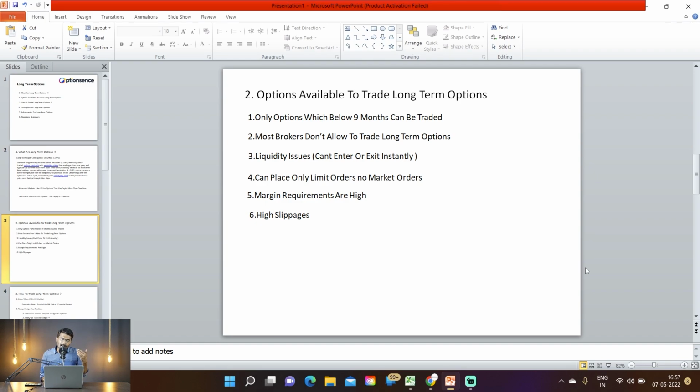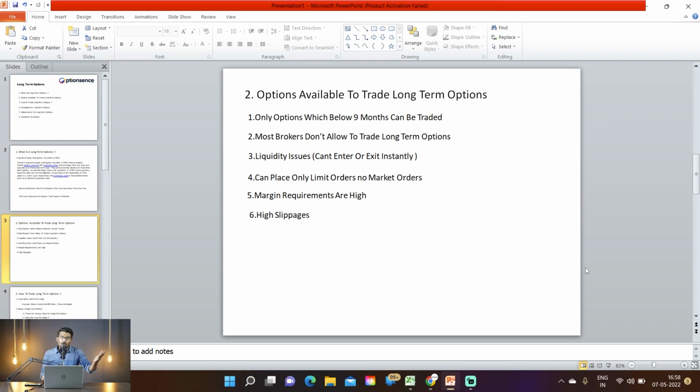And the second thing is, you might not be able to exit the trade or enter the trade immediately. Let us say in a weekly option, if the markets are falling drastically, like what happened last week, let us say the market is falling around 400, 500 points. You are panicking. You want to exit the trade or do some adjustment. You can do that in weekly options, and to some extent in monthly options also.